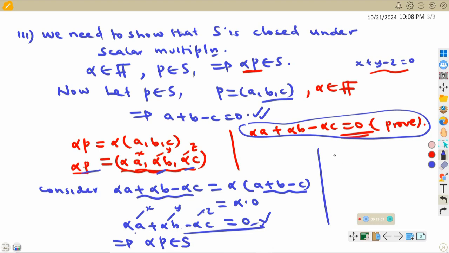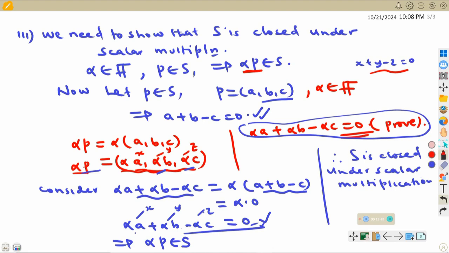Therefore S is closed under scalar multiplication. So we have proved all three conditions, and for that case, we should be able to give the conclusion that S is actually a subspace of R3.